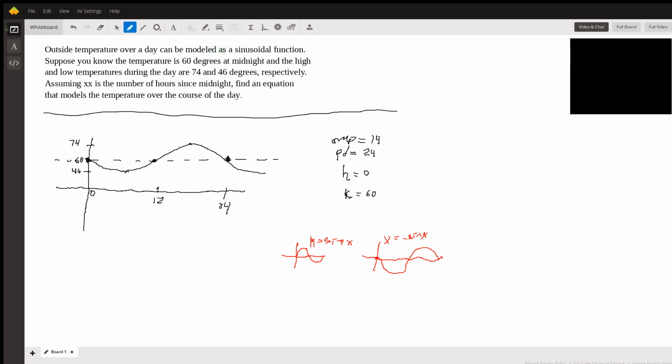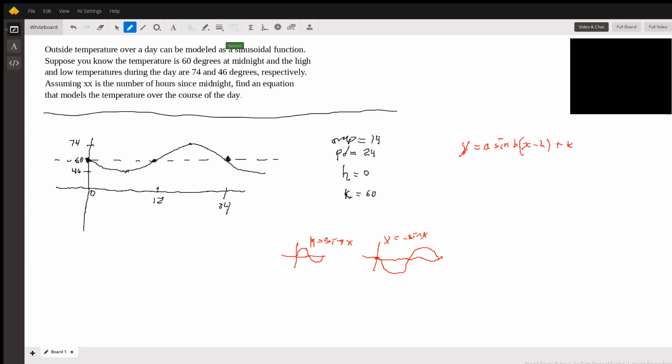So now we're ready to write the equation. For this, we have to memorize the standard form of the equation, which is a sine b times x minus h, plus k. And we have to find b here. The period is 24.